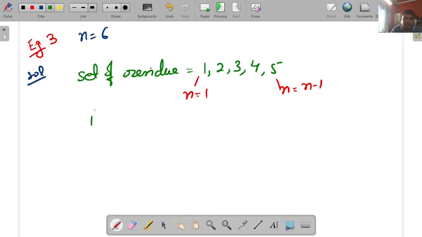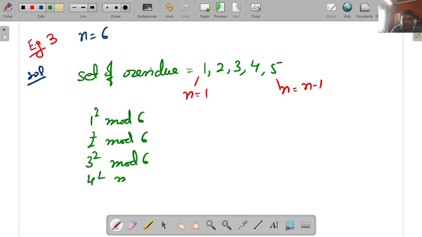So 1 square mod 6, 2 square mod 6, 3 square mod 6, 4 square mod 6 and 5 square mod 6. Let's get the result: 1, 4, 3, 4, and 1.